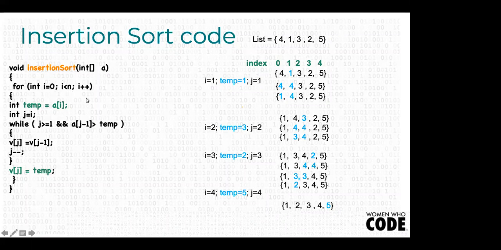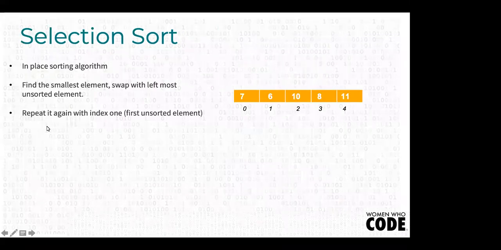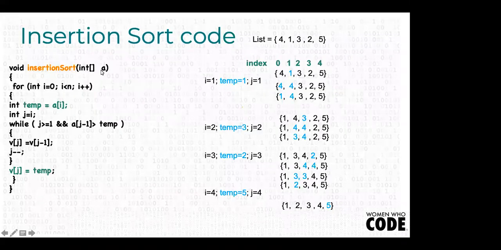Here, we are not really using another array to do our sorting. Oh yeah, I think there might just be a typo then, because there's V's in the while loop. All you do is A, so this and this has to be A. There's no V. I think it's just a typo here.